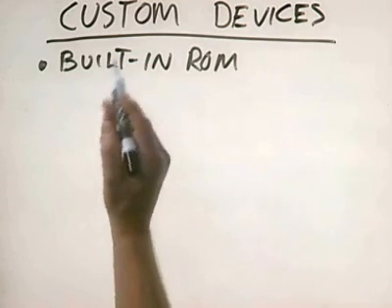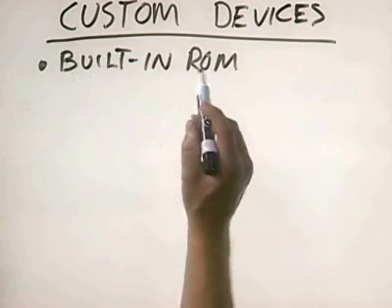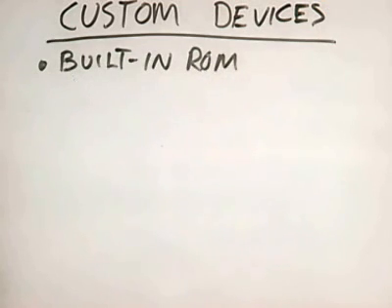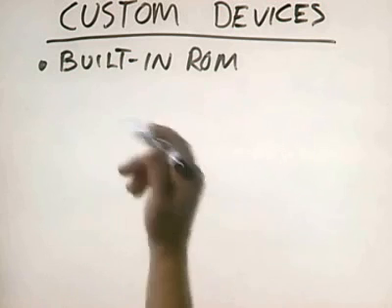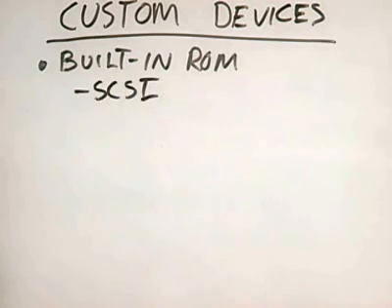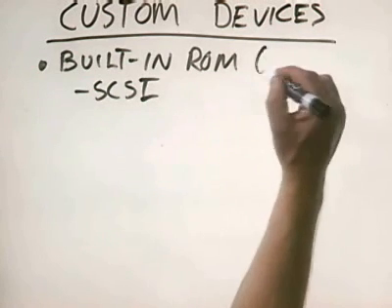So the first strategy is actually to put a BIOS chip on the device itself. Now this is done with devices such as SCSI boards that allow you to connect SCSI devices to the PC. These types of devices have their own ROM chip, and it's called an option ROM.